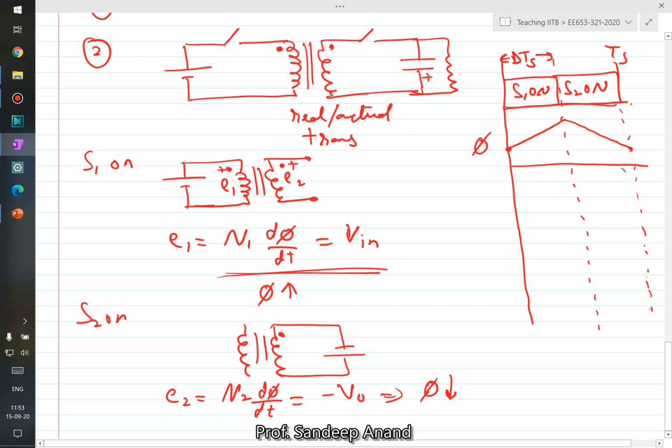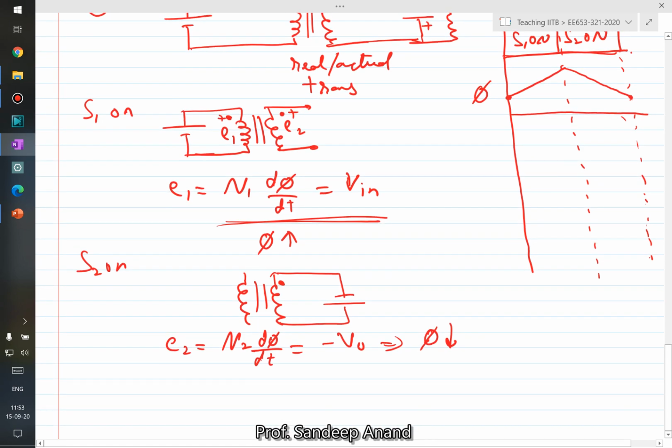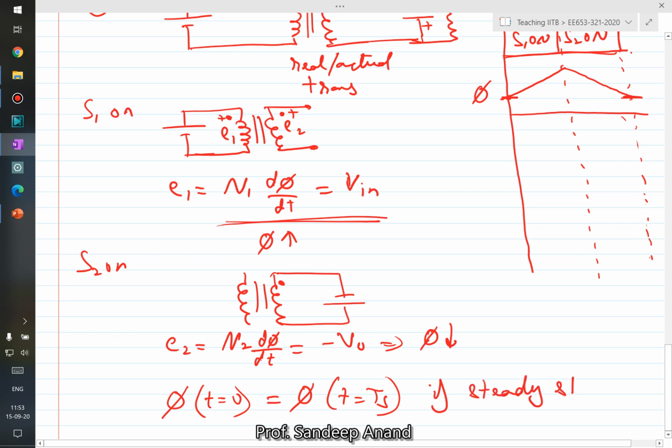So I can again use the same basic principle, that flux at the beginning should be equal to flux at the end. So flux at t equal to 0 should be equal to flux at t equal to Ts if we are operating at steady state.